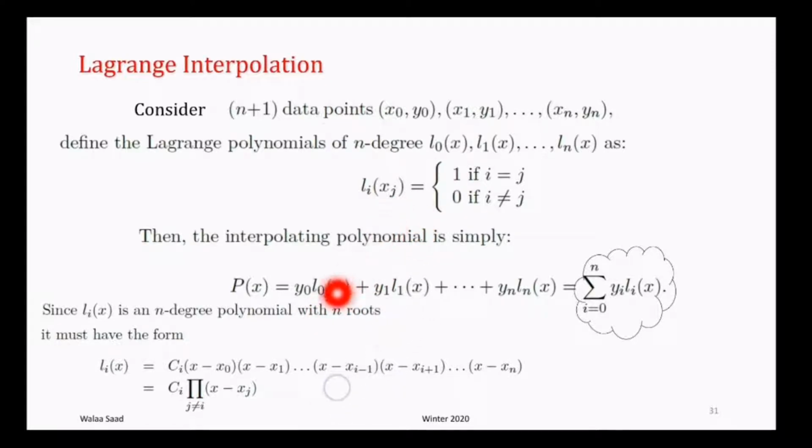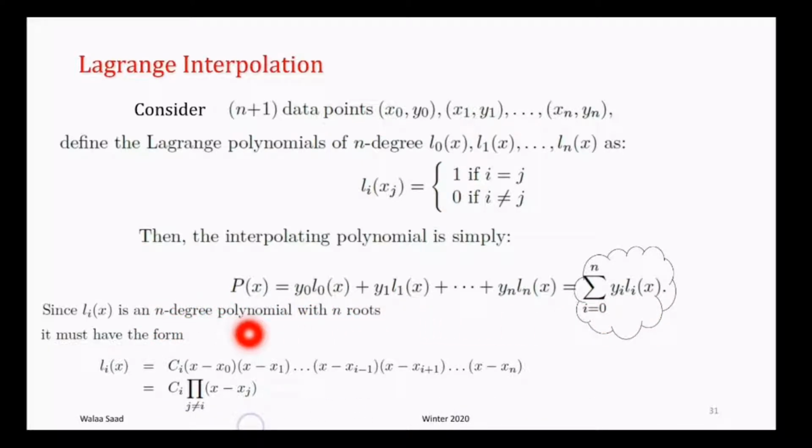So this polynomial here should first filter the x0 and then scale it with the y0 and so on. So we will have a sum, or the sigma, of y sub i multiplied by L sub i, the Lagrange function. Of course, these are polynomials of degree n.